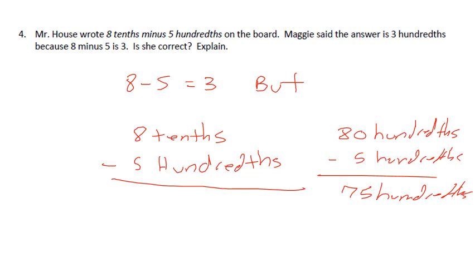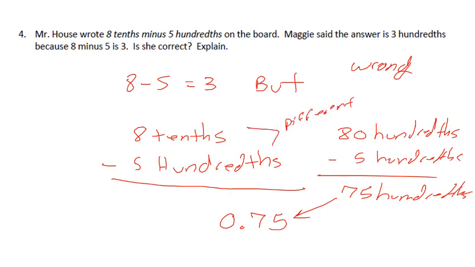Now I know 75 hundredths is going to be 0.75. So Maggie was wrong. And she was wrong because they had different place values.